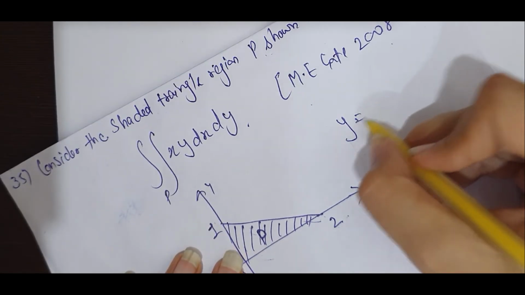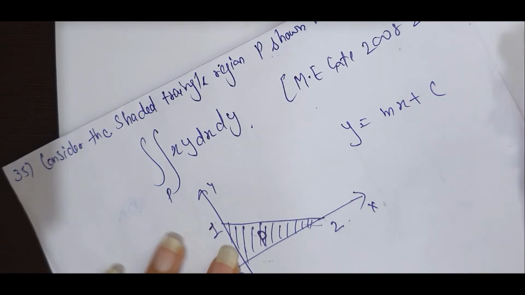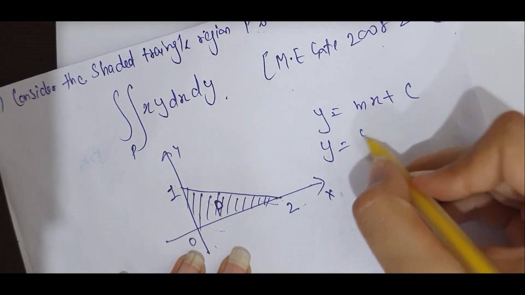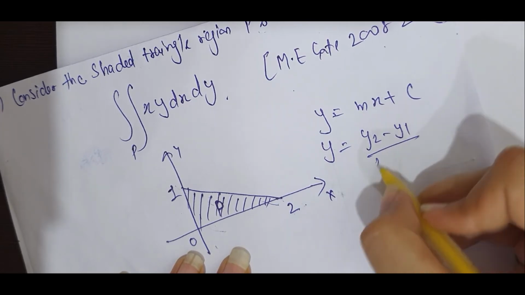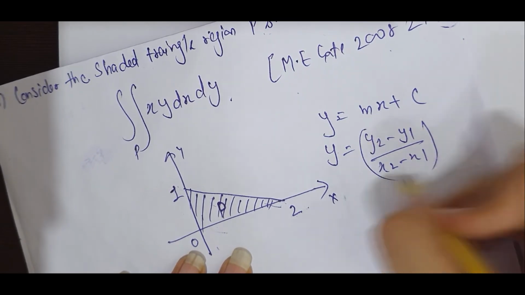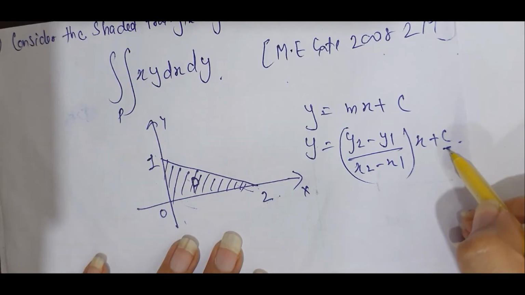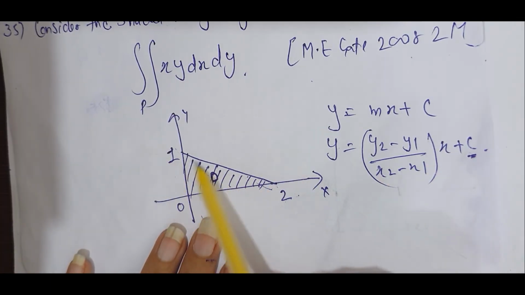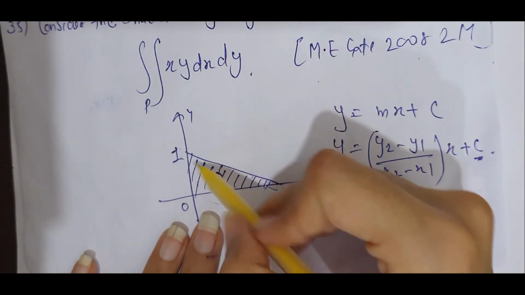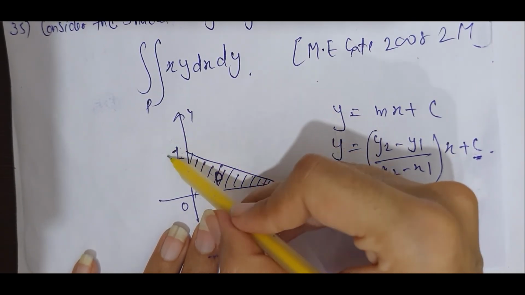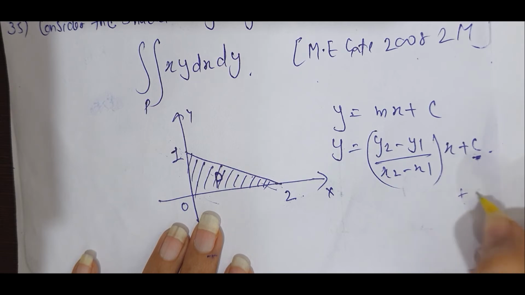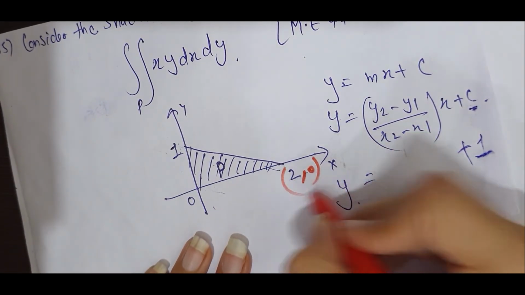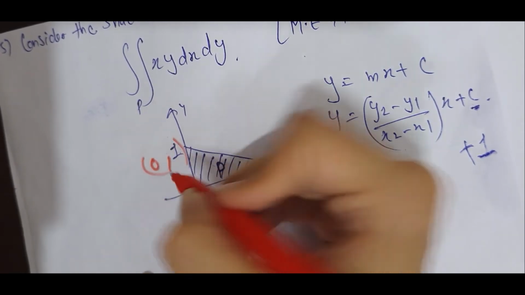The equation of a line is y is equal to mx plus c, which I told you in my previous lecture on area of curve. The m value is y2 minus y1 upon x2 minus x1, times x, plus c. c is the y-intercept, meaning the point where this line cuts the y-axis. Here this line cuts the y-axis at point 1, so c is 1. This point is (2, 0) and this is (0, 1).